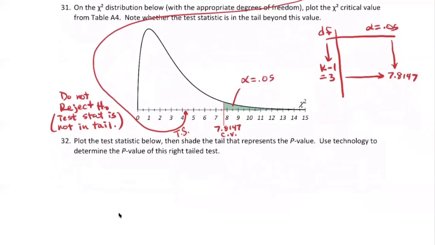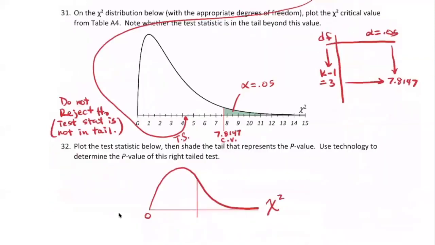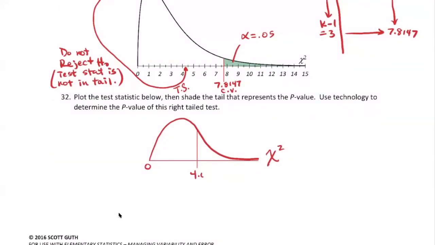Now they want us to do it again, but this time we're supposed to get a p-value. The chi-square distribution is positive because you're squaring z-scores, remember? It starts at 0. Our test statistic was kind of low, 4.0345, so that makes the p-value kind of big.